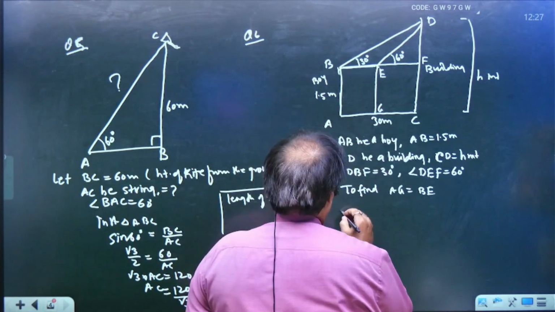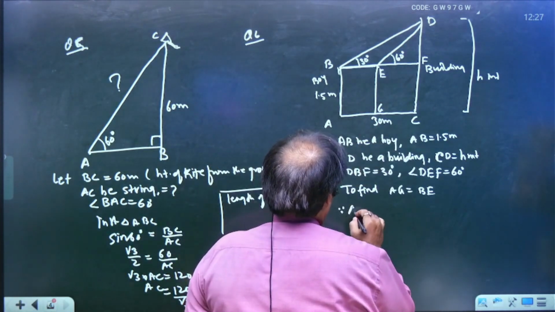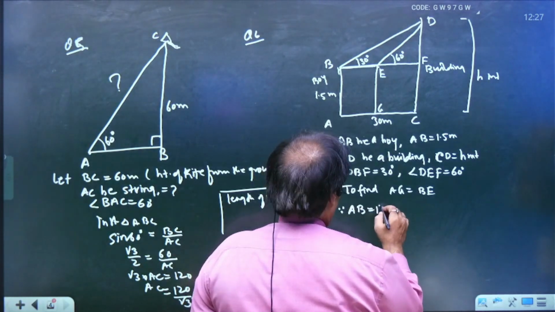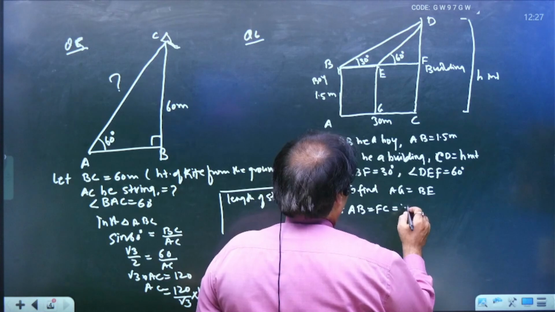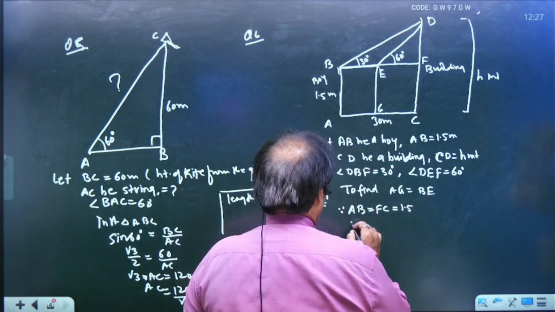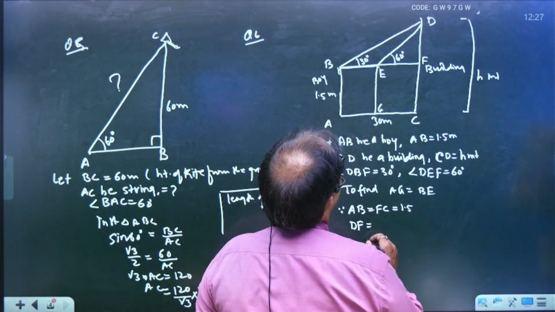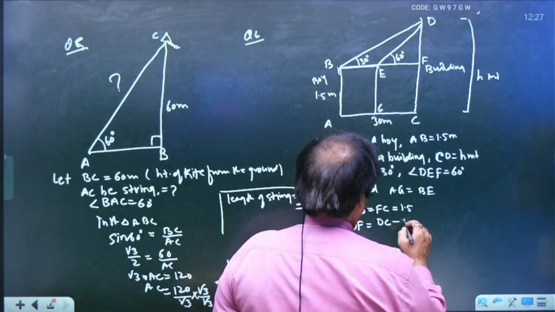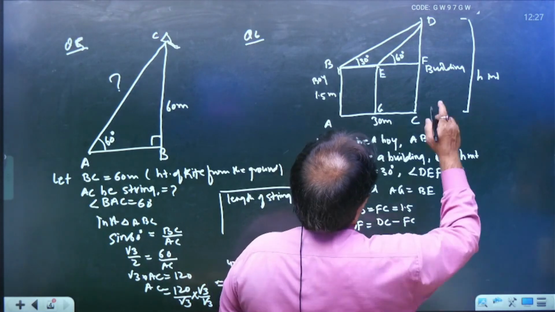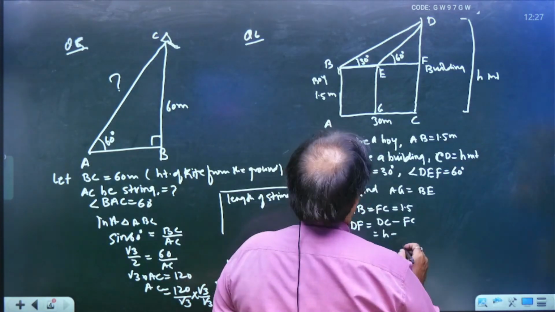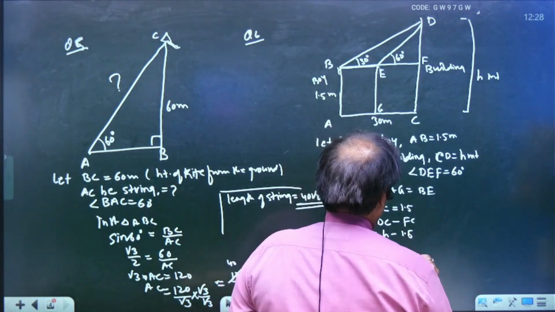Since AB is equal to FC is equal to 1.5, what about DF? DF is equal to DC minus FC, and the DC we have supposed H. So H minus 1.5.